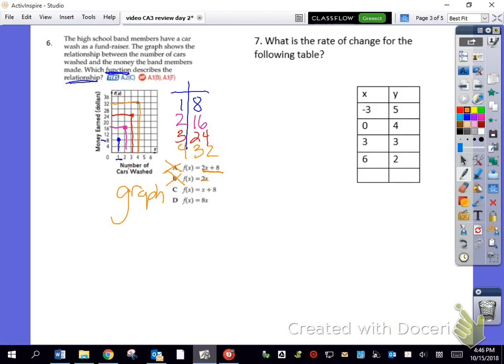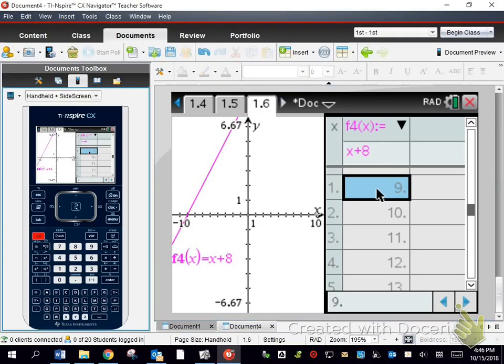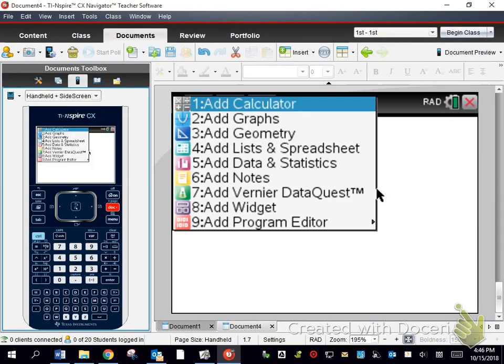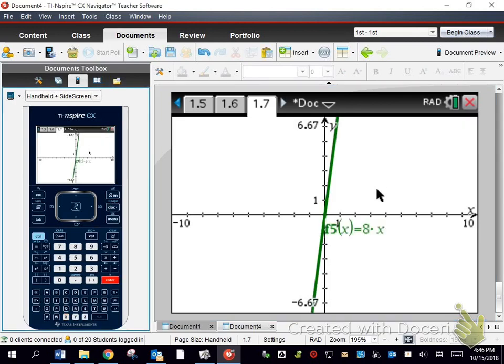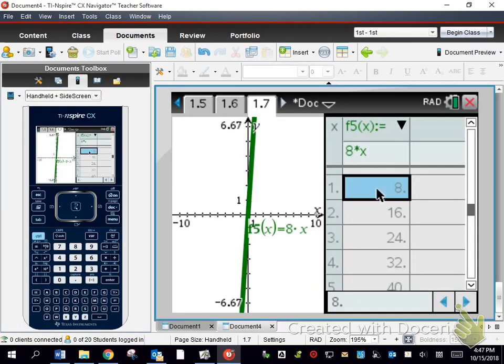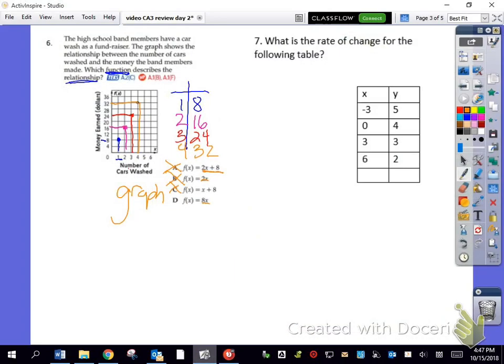That does not match. So I'm going to try 8x. Control dot, and then go to 2. Now some of you were able to figure that out even without the table, but it's always good to double check because you don't want to miss one like that. So 2 goes with 16, 3 goes with 24, and I know it's a match, so my answer is D.